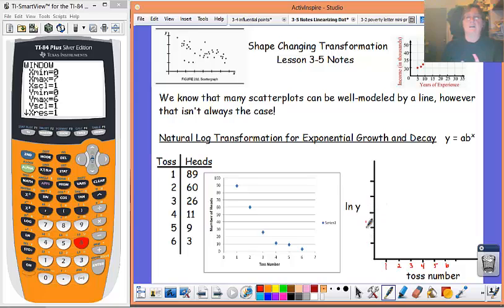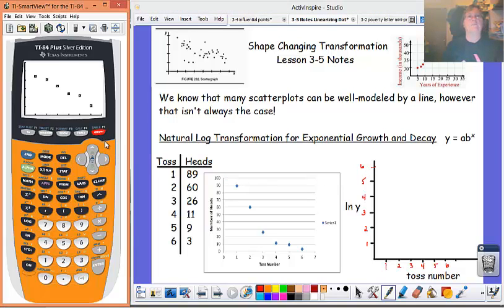The natural logarithms of the y values go between 0 and 6. And again, I kind of cheated because I looked at the window it set and then I adjusted it so that I could make my plot on paper. And okay, here we go. Let's take a look at that scatter plot.